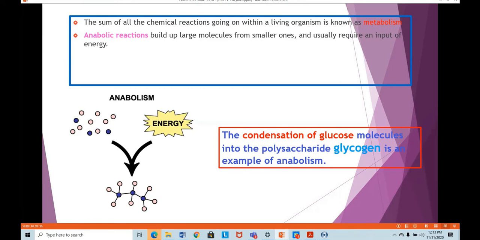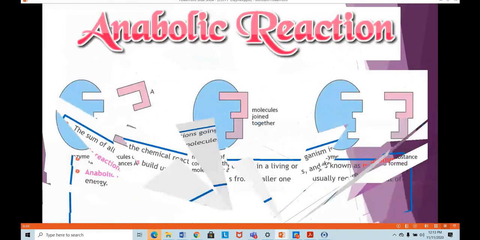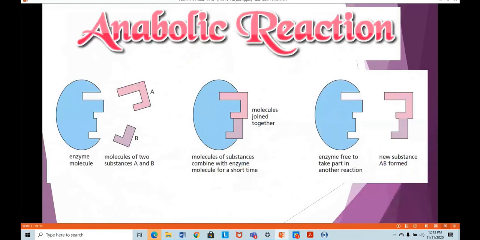The examples would be the formation of polysaccharides like glycogen, starch, and cellulose. Energy is required in anabolic reactions. You can see the enzyme comes into contact with the molecules A and B, and after the reaction takes place, the product is A and B together here.